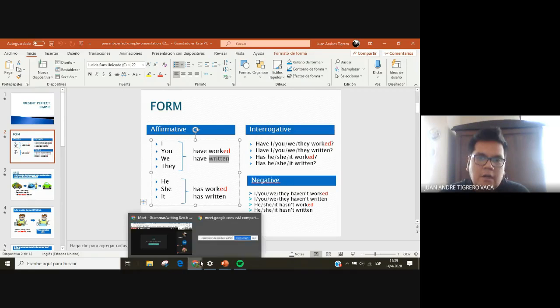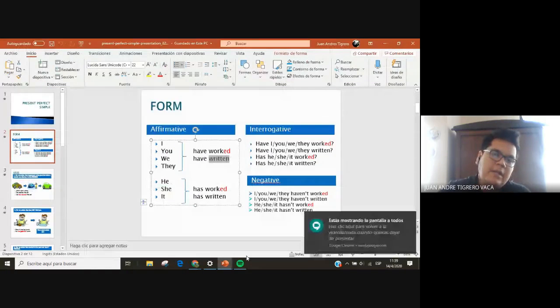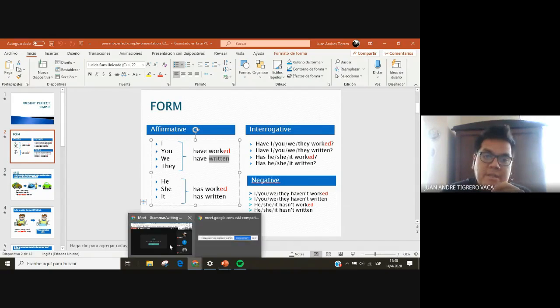All right. So after that, you have to use the complement. The complement can be anything, but what are the things that you cannot use for complement? Remember, in your student book, we saw a couple of things that you cannot use when using the present perfect.